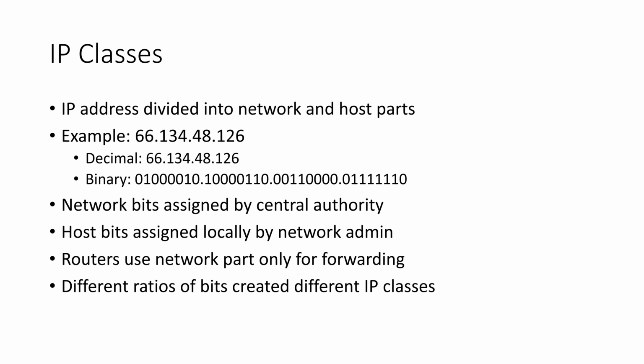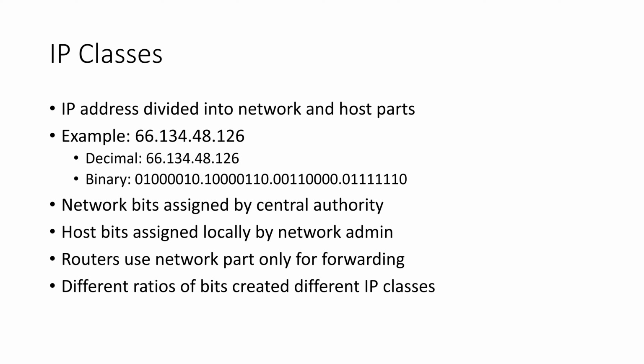Now, an IP address is divided into two parts: the network part, which identifies the network, and the host part, which identifies a specific device within that network. Here we have an example of an IP address in its decimal and binary representations. The number of bits allocated to the network part versus the host part determines how many networks and how many devices you can have in each network.